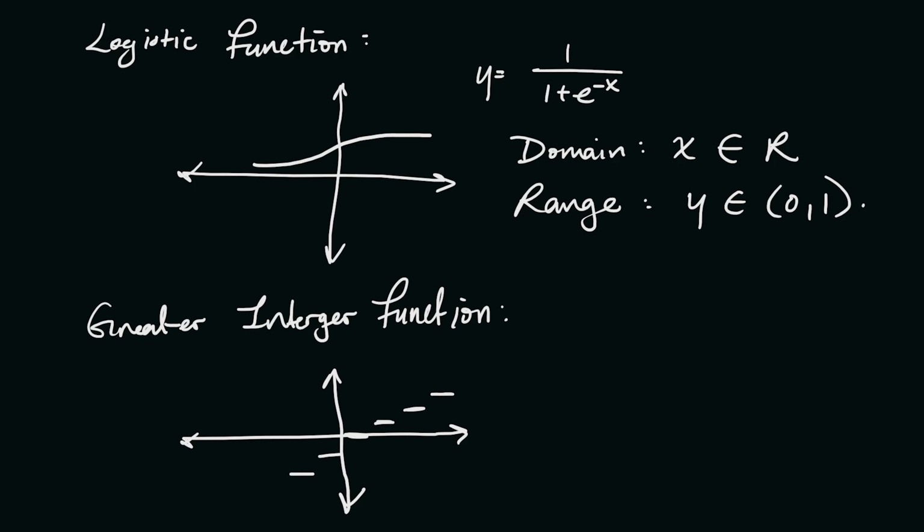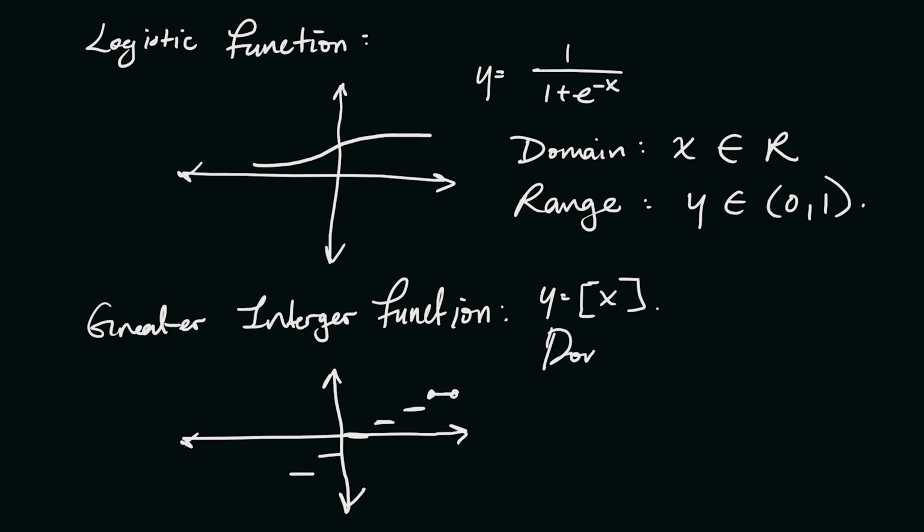The point is it's on steps, and on each of these individual steps, the left bound is a closed circle, but the right bound is an open circle. So it makes more sense that way. Now, the way we write this is y equals the brackets of x. That's how we write it.